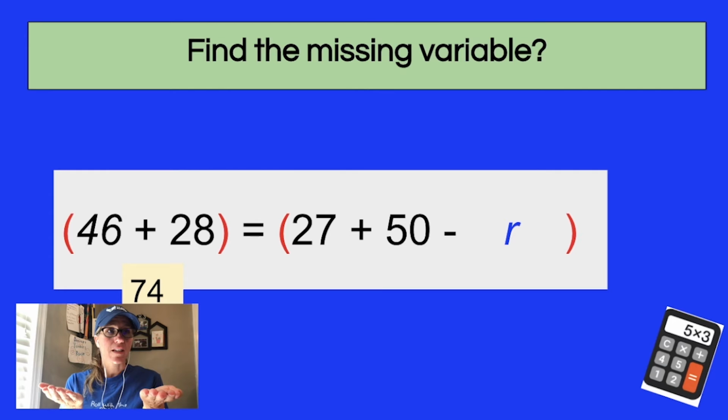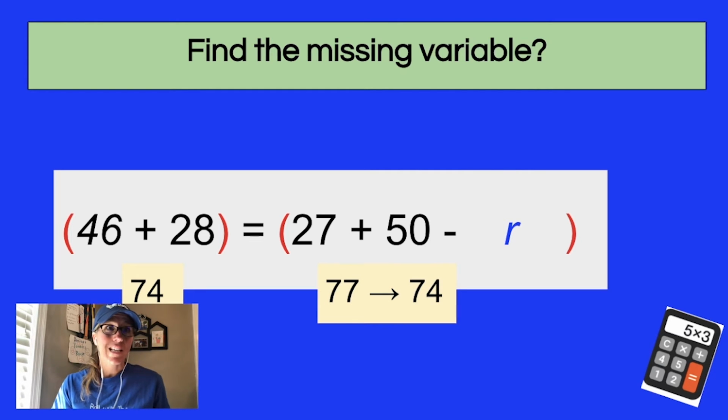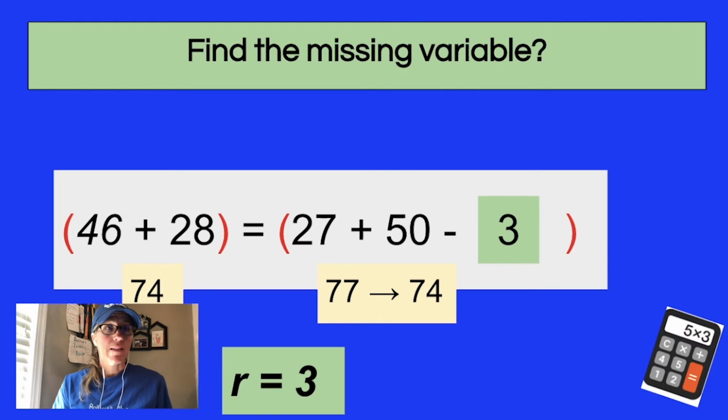So we want the expression on the right side to also be equal to 74. Well, we know that 27 plus 50 is 77, so we need to go back 3 to get to 74. So we know that R is our missing variable. In this case, we would solve R equals 3 to make our equation true.